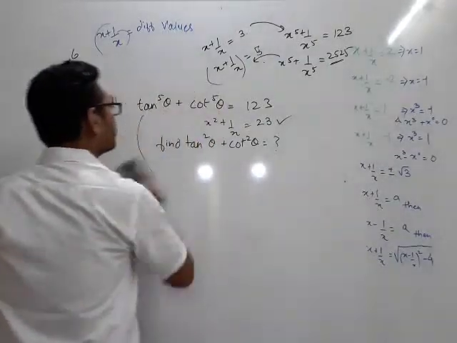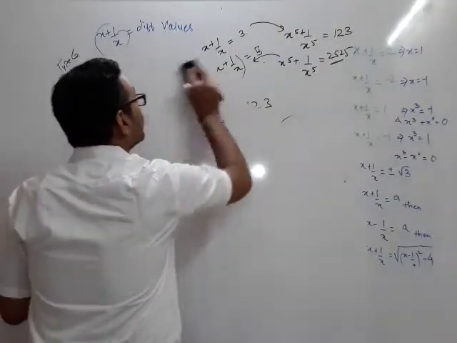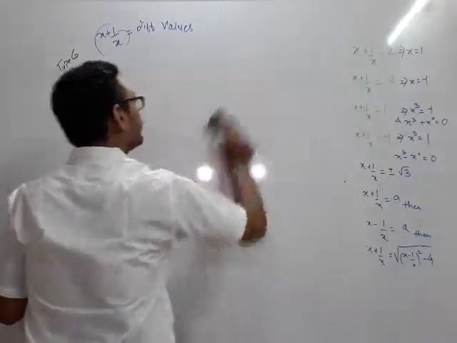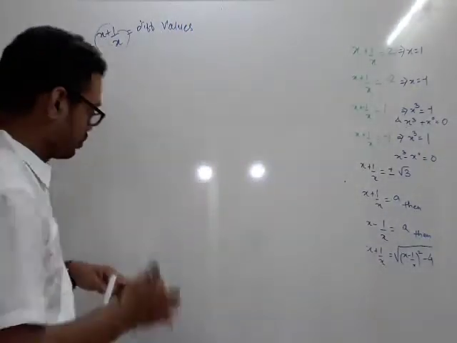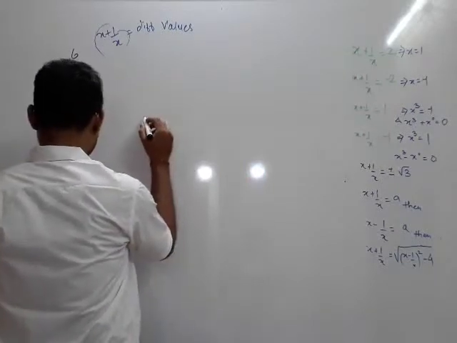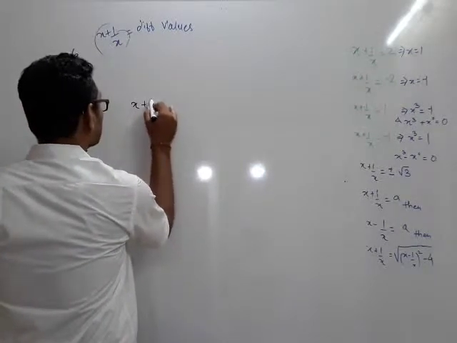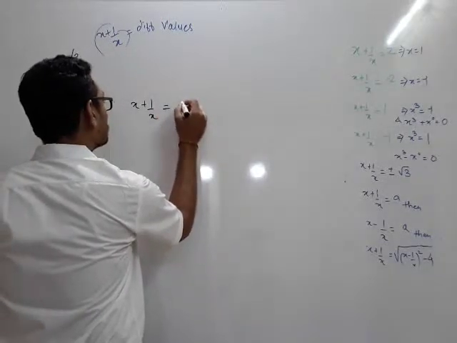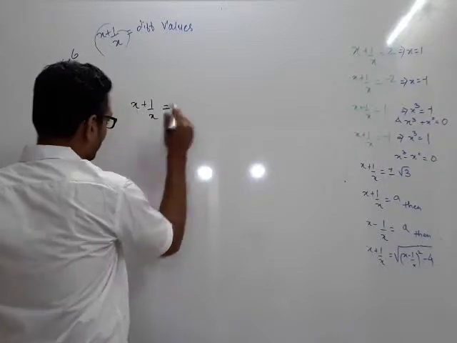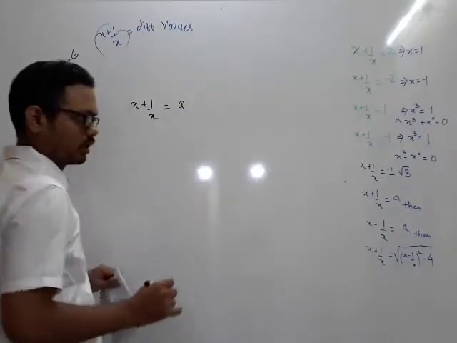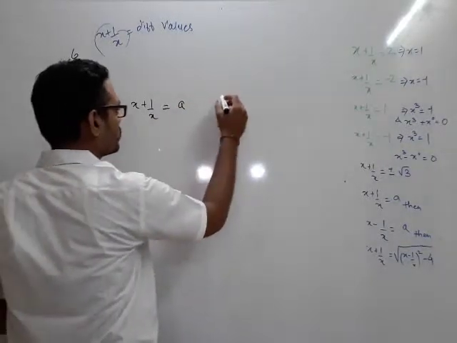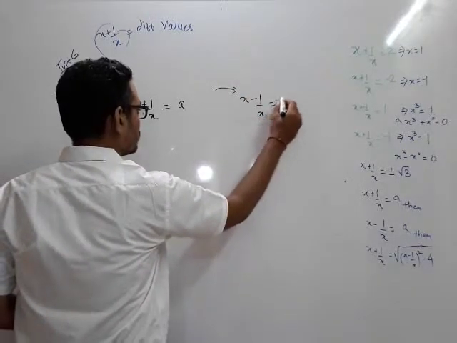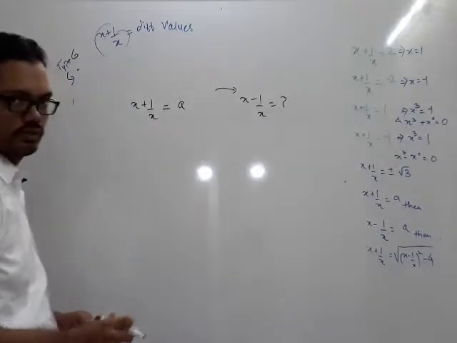There's one more thing: when x plus 1 by x is, let's say, a, and if you are asked what is x minus 1 by x, what will be your answer?